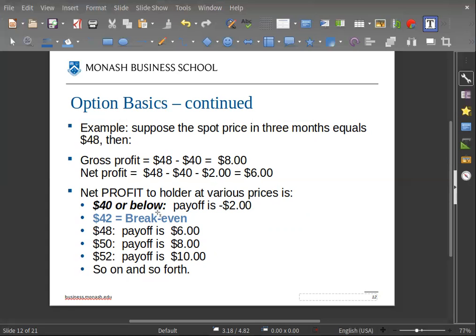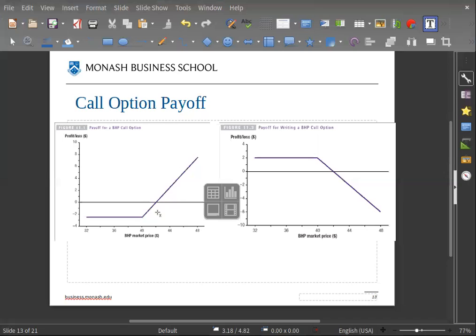Let's visualize this. So you see on the left-hand side image, that is our position as a buyer of the BHP call option. Up until 42, our break-even point, we don't make any profit. So $42 and above, our profit potential is pretty much unlimited. The more prices go up, the more profitable our option becomes.